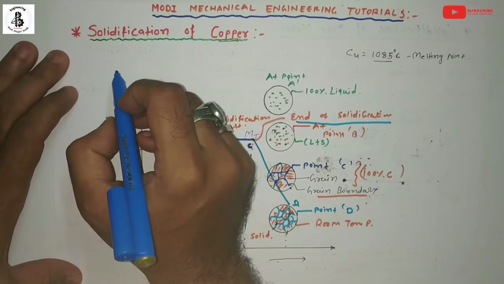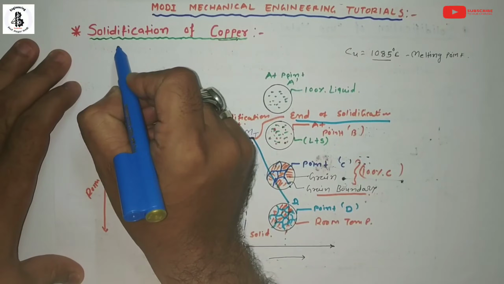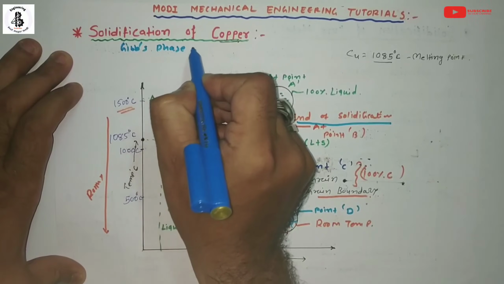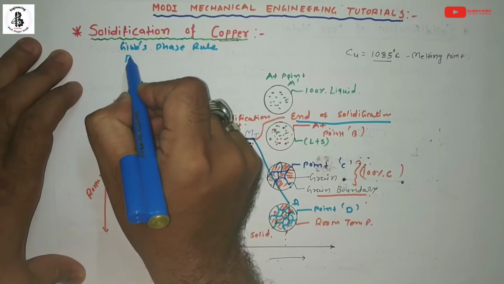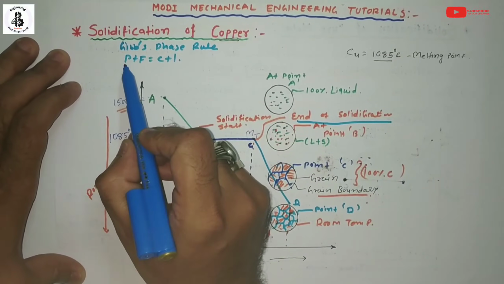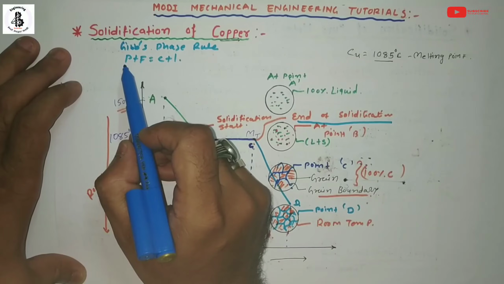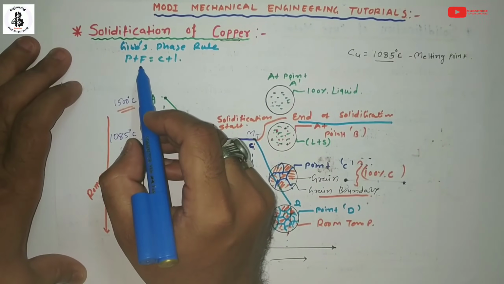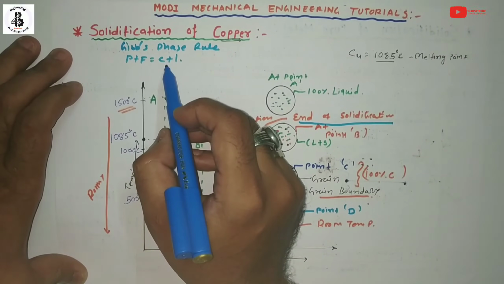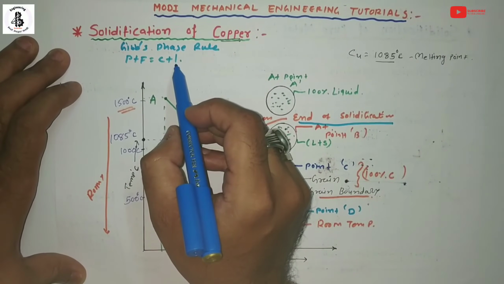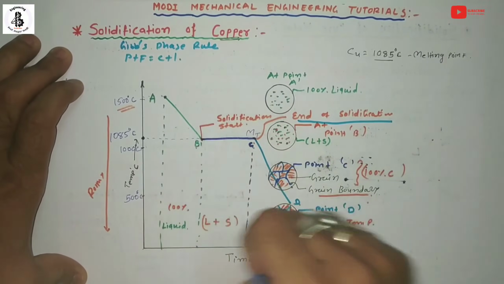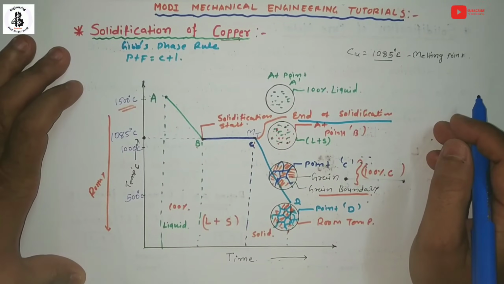Here we are using the modified Gibbs phase rule. According to the Gibbs phase rule, P plus F is equal to C plus 1, where P represents the number of phases in a region, F represents the degrees of freedom, C represents the number of components in the system, and the 1 is used for the two variables, temperature and composition, because all the processes are controlled at 1 atmospheric pressure.